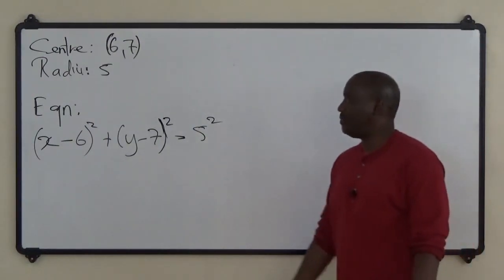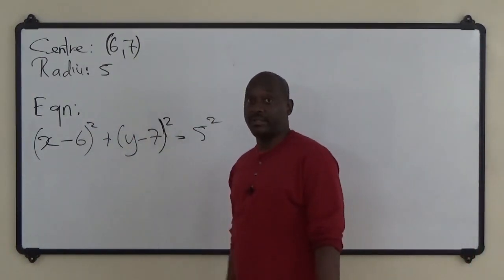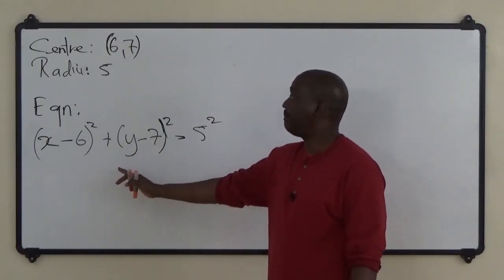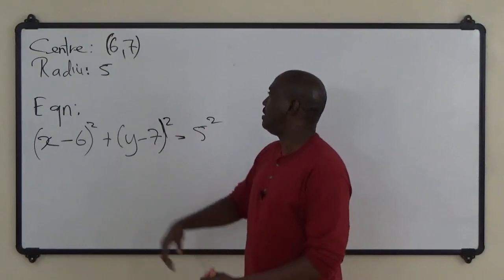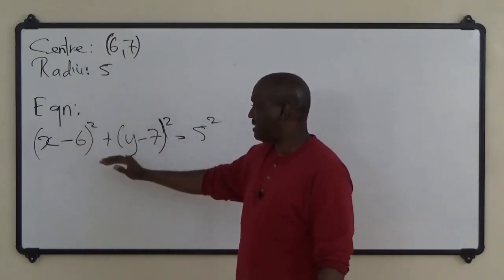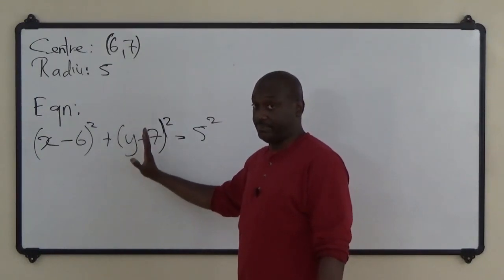Right? In one line, once you have this, boom, your problem done. Yeah? That is how straightforward it is. All right? It doesn't matter whether the coordinates are negative or positive or whatever it is. This is what you will end up with. All right?